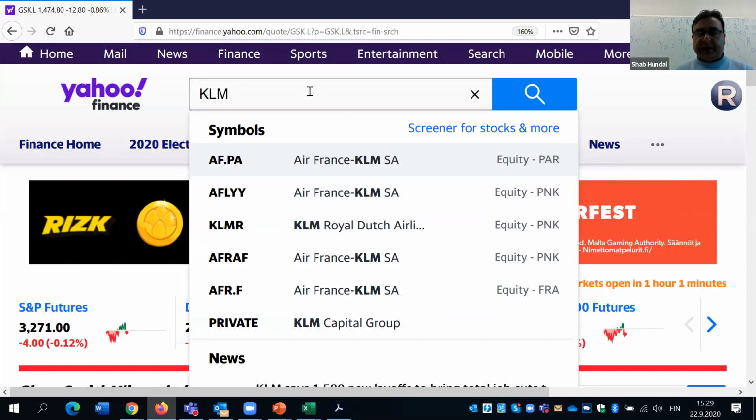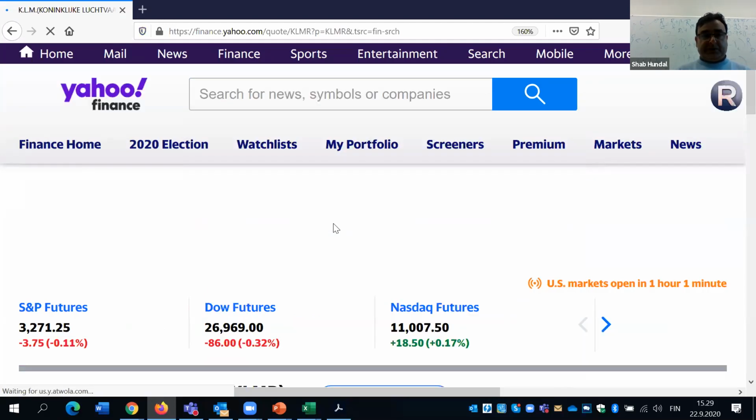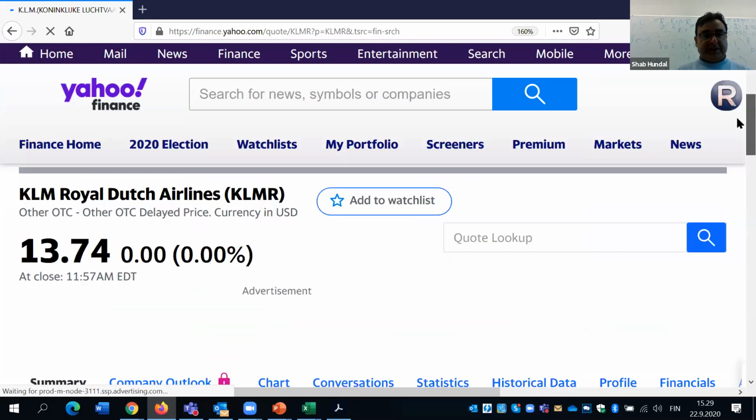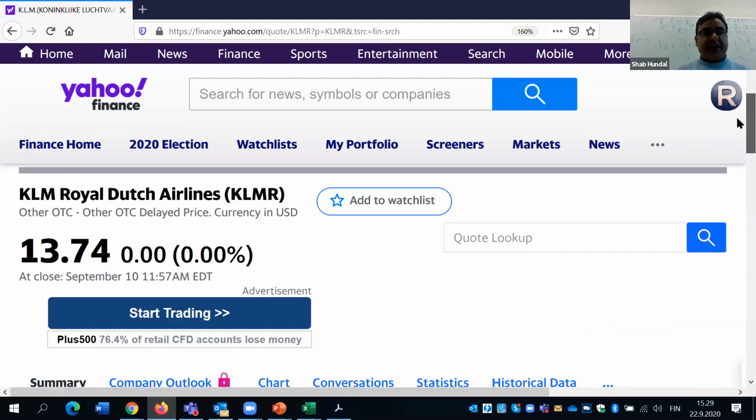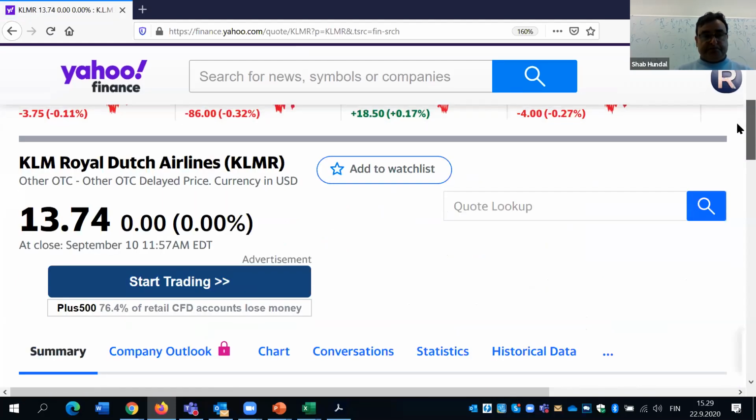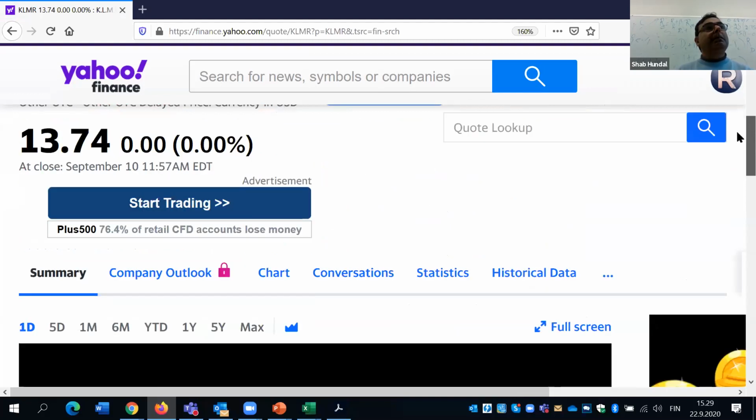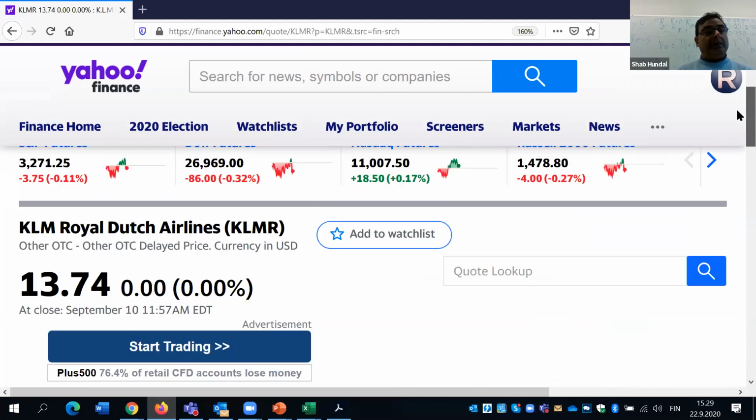What is the symbol of this now in Amsterdam? Let me check. You have to look for the symbol. KLM, Royal Dutch Airlines. But it's part of Air France-KLM, which is a bigger group. You can check and ask whether they're taking the group or the KLM. Maybe have a word with those people so that you have the same annual report.